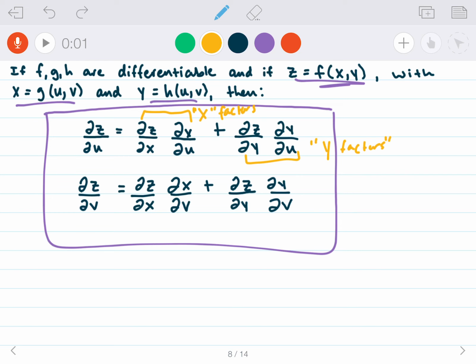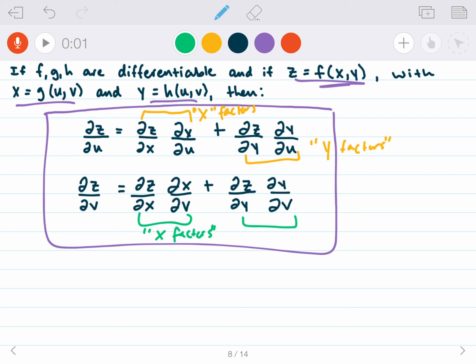So we want x's and u's, and we want y's and u's, okay? Because we're trying to find the partial of z with respect to u. And in a similar way down here, if we're trying to find the partial of z with respect to v, these guys are my x factors, but this time we're dealing with v here instead of u.